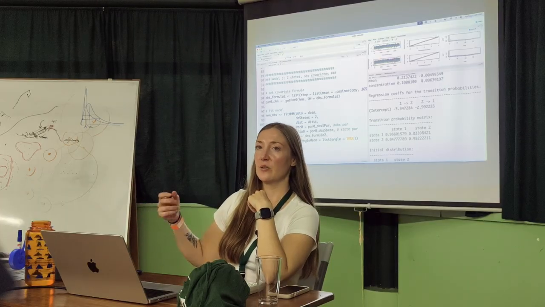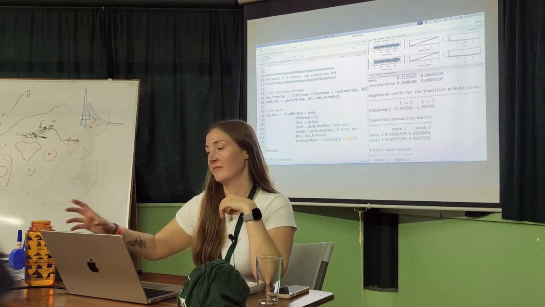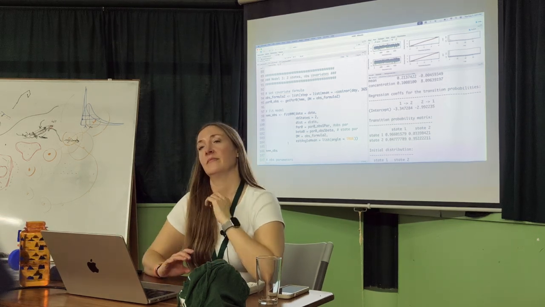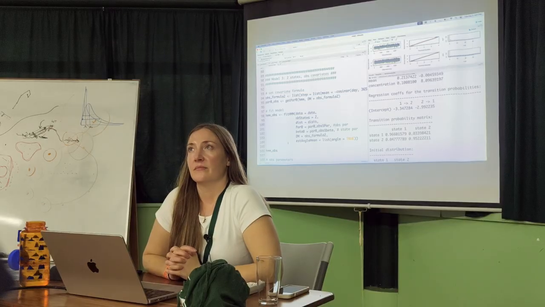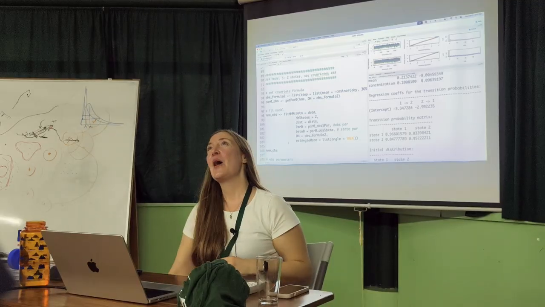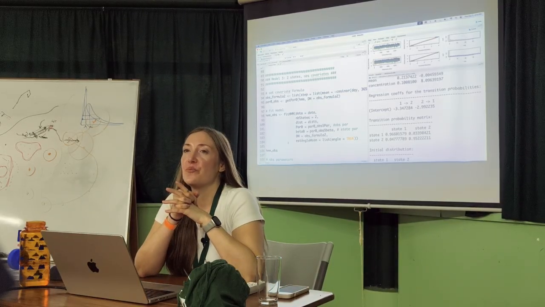So what's the biological reasoning of having a covariate on the mean of the step length, for example? You said that at the beginning, but I don't remember. Why would we do this? What are we trying to grasp in reality? Yeah.